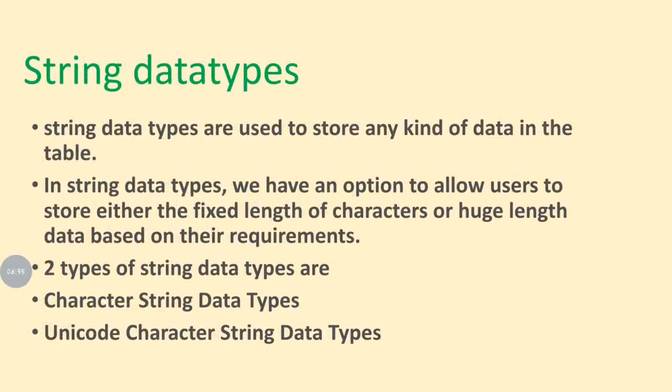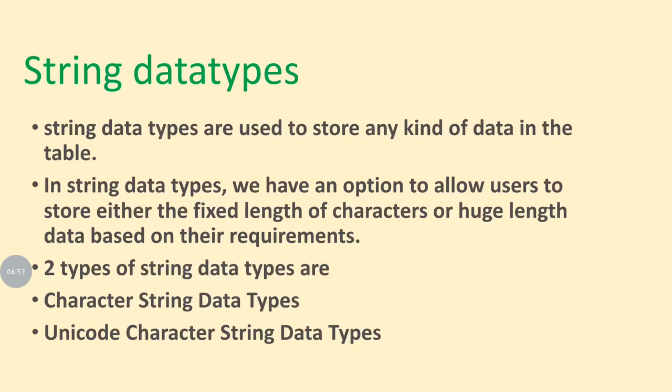The next one is the string data types. String data types are used to store any kind of data in the table. So any kind of data you are able to store with the string type. In string data types, we have an option to allow users to store either a fixed length of characters or a huge length of data based on their requirements.